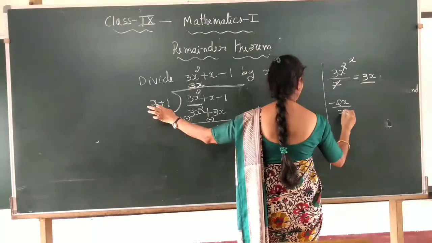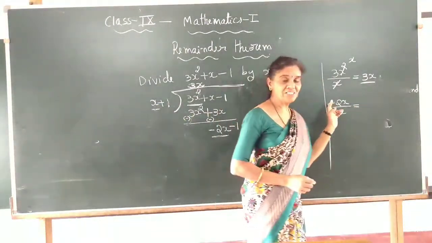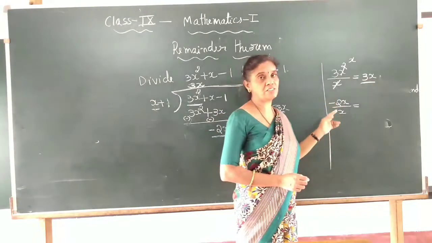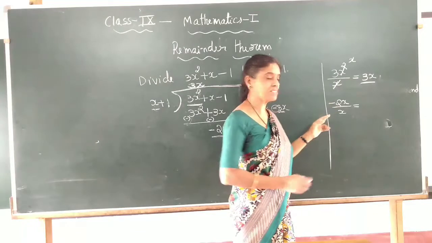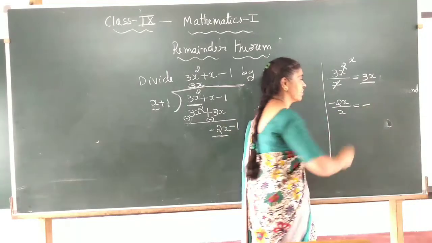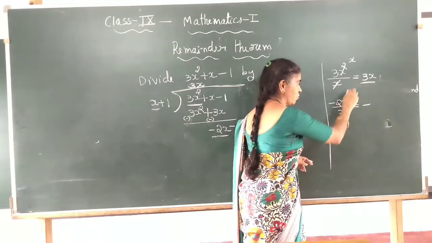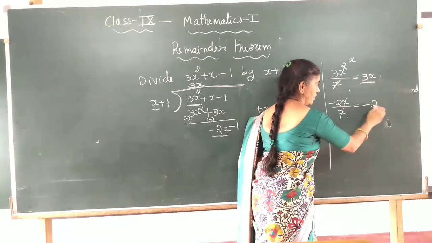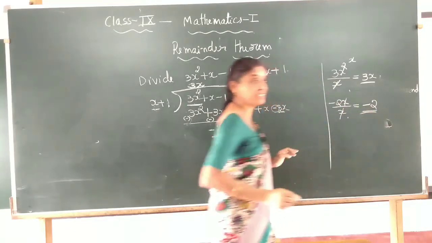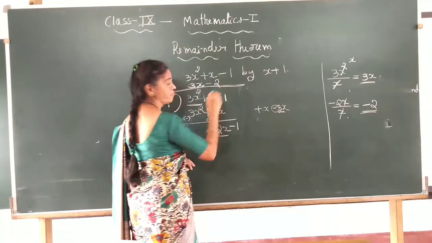When different signs are there, plus or minus together, like multiplication, division also: minus divided by plus is minus. Now x divided by x, one time it is. So x cancels, only the number 2 remains, so minus 2 it is. Okay, so write minus 2 here.